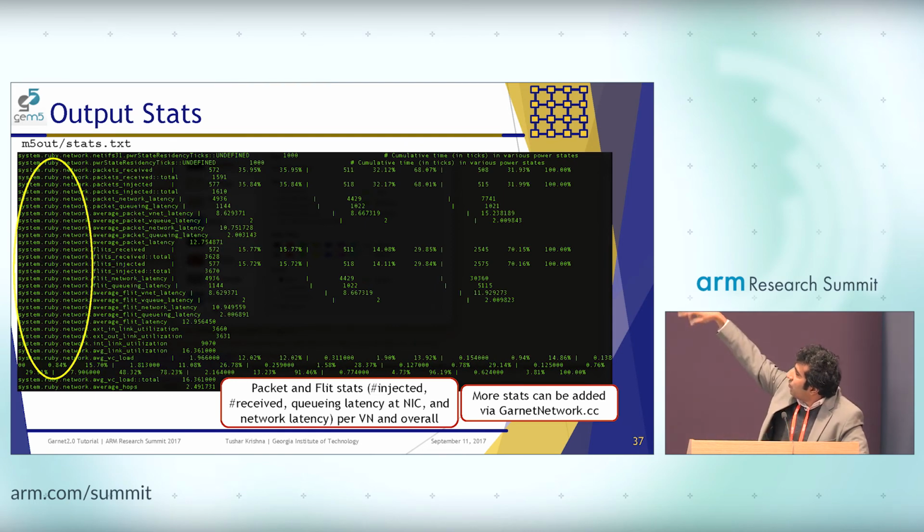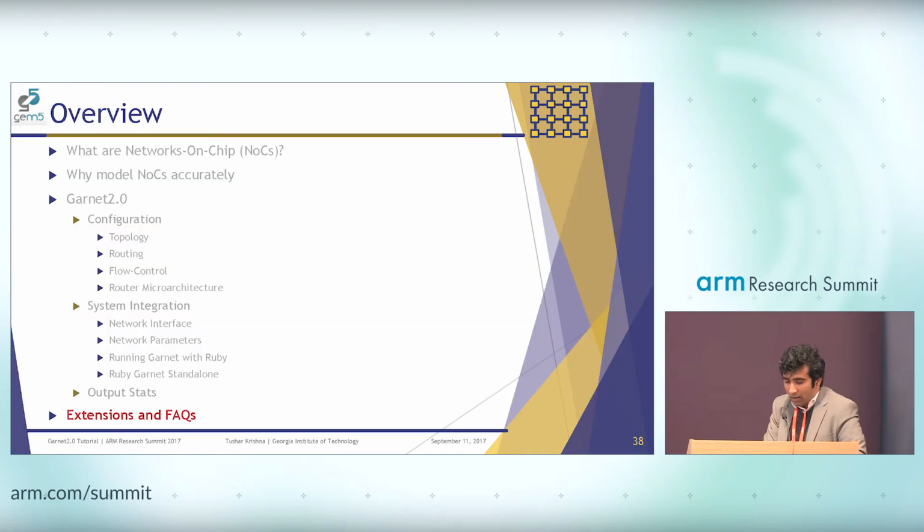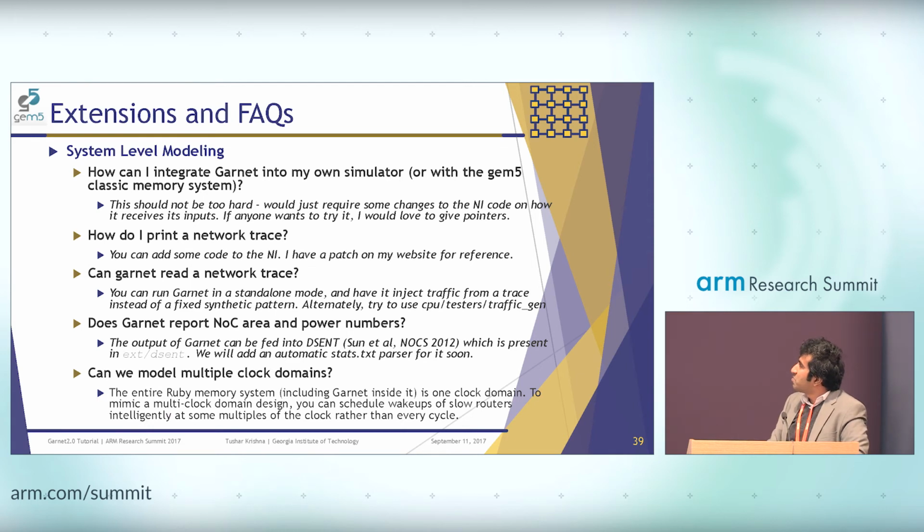So system.ruby.network is what you care about for network level stats. And you have a bunch of stats per VNet. Essentially you have packet and flit stats per VNet and overall, and you can always add more stats from GarnetNetwork.cc.